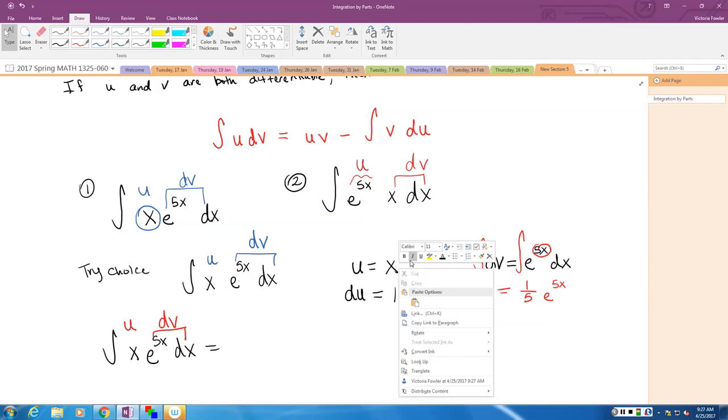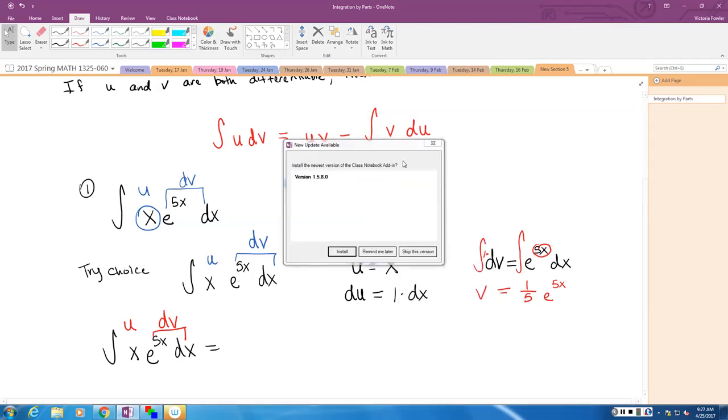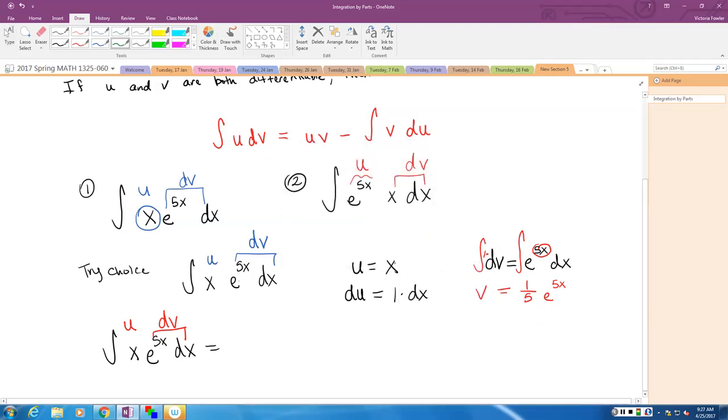And so I'm going to go off to the side here and do u times v, so I'm going to draw this arrow. I'm going to multiply these. So u times v is going to be x times 1/5 e to the 5x. Do you guys agree with that? That's my u and my v.